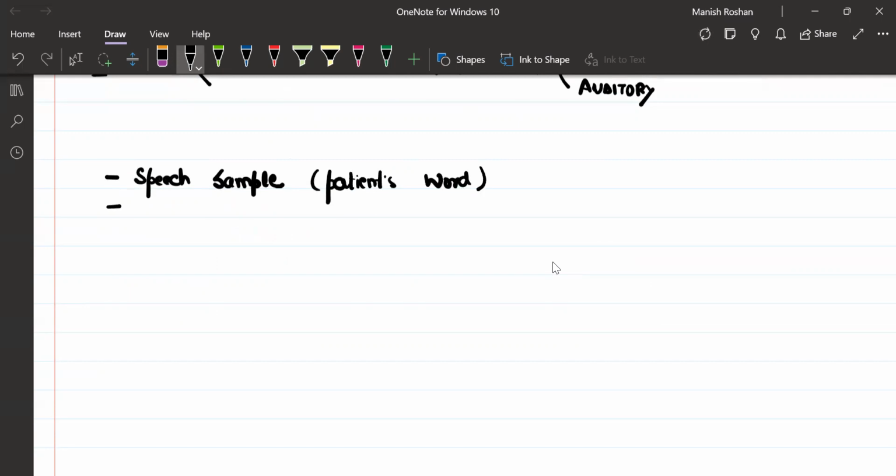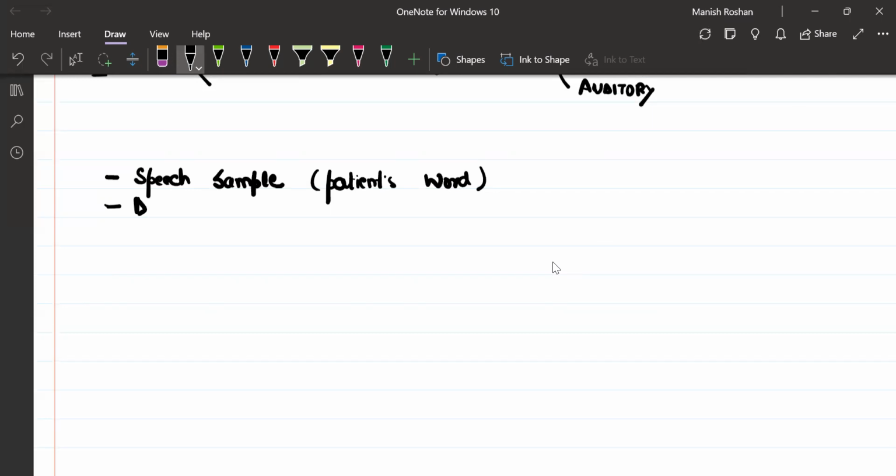Also, one can write in the native language of the patient, if you know the language and are comfortable in that, or you can make an English translation of that. You can explain it to the examiner. It's better to go in accordance with how the patient has described it. So try to write in the patient's words only.